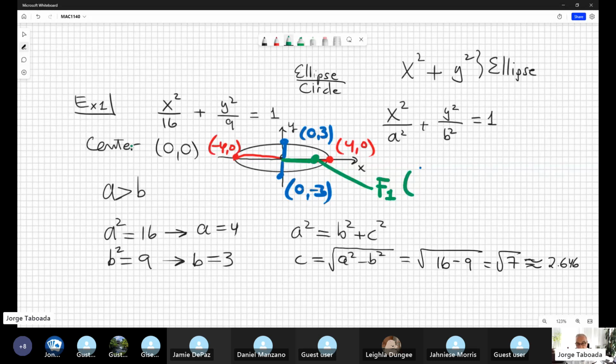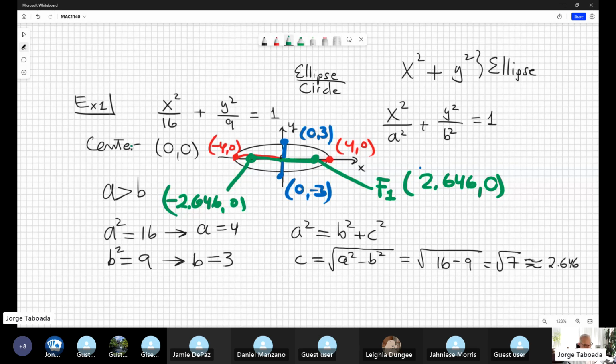It's located at the point (2.646,0), and the same distance in the opposite direction is (-2.646,0). And that's it. I did the graph of my ellipse.